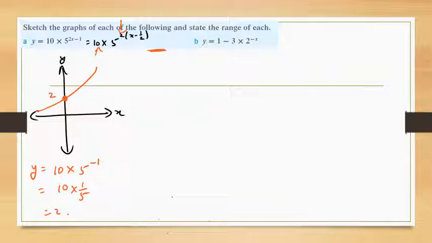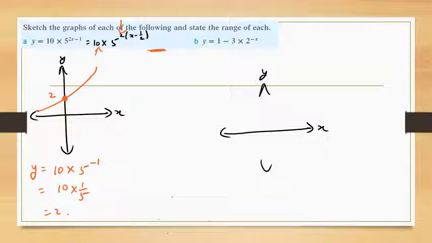Okay, y equals 1 minus 3 times 2 to the power of negative x. So this is actually a vertical shift of +1, and then this part tells us that it's going to go to the bottom, and this part tells us it's going to be reflected along the y-axis.